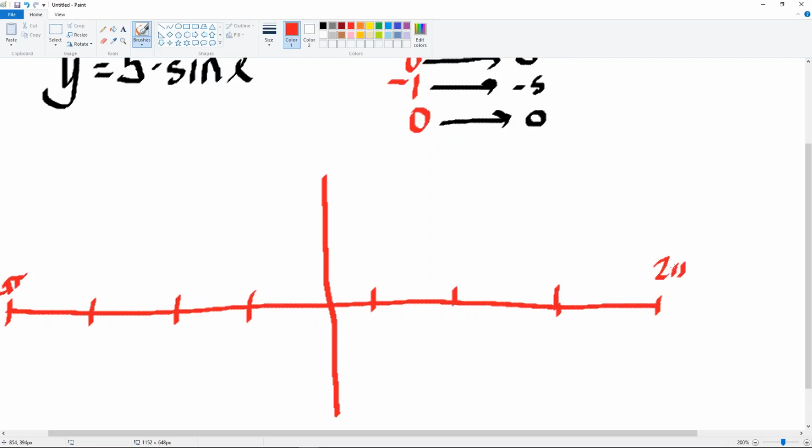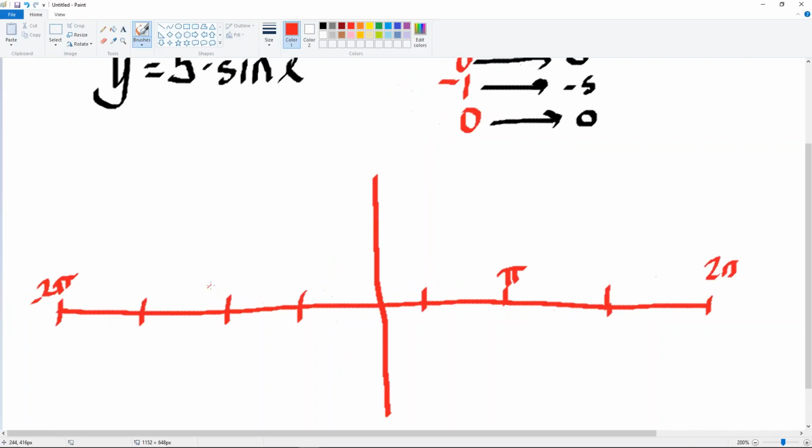Remember, we're labeling differently. So this hash mark right here is pi over 2. This one here is pi. This one's 3 pi over 2. So I'll just put a few more so you'll be able to tell.